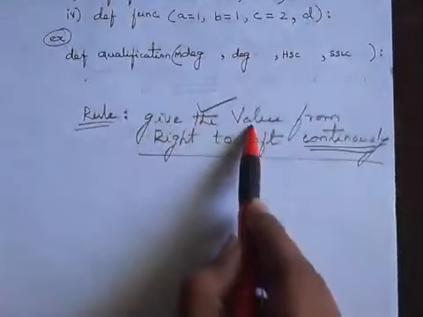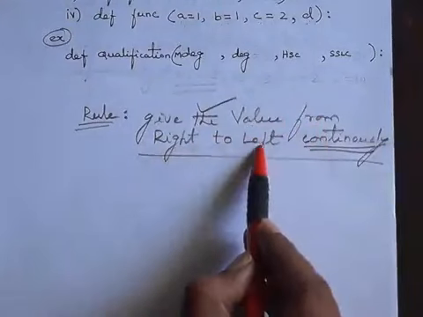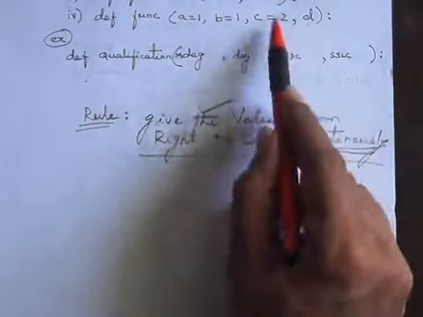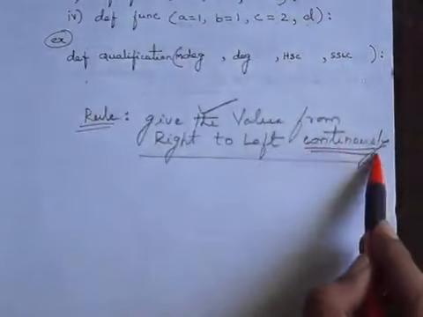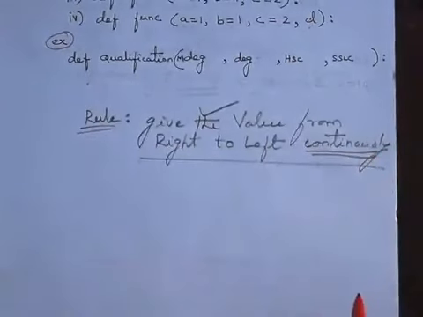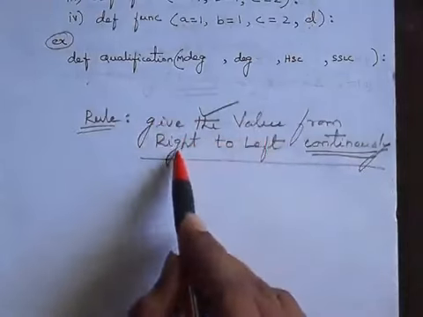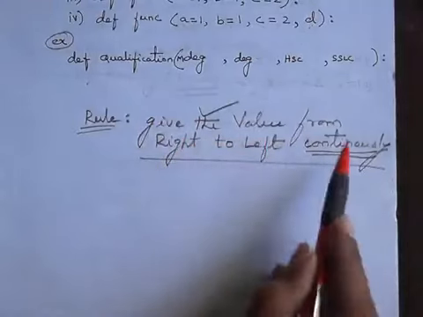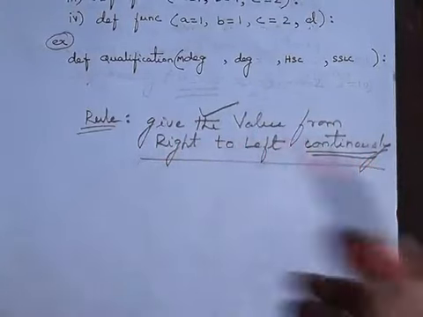You can give the value for the arguments from right to left. From the right to the left you have to give, and continuously. If you leave any gap, it is an error. Understand? What is the rule? You can give the value from the right to the left, continuously. That's all. If this rule is not satisfied, it is an error.